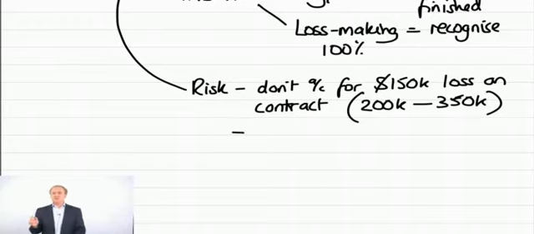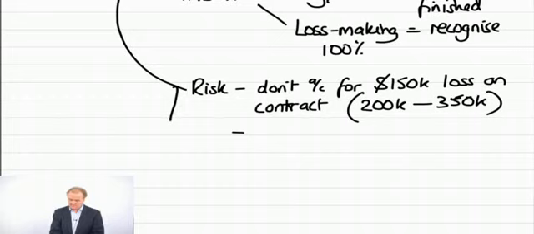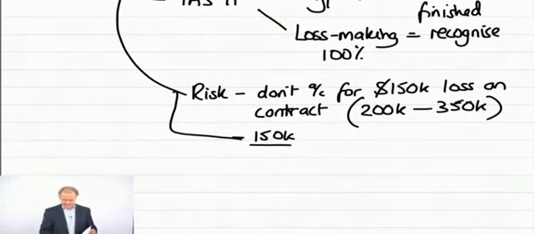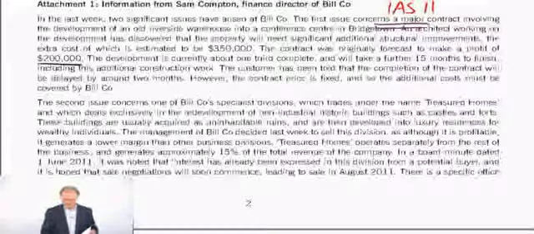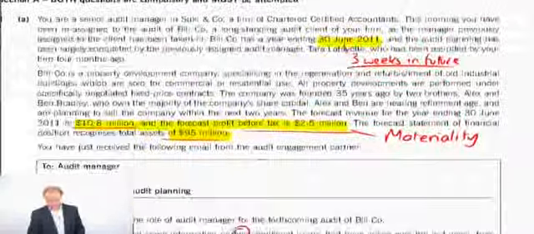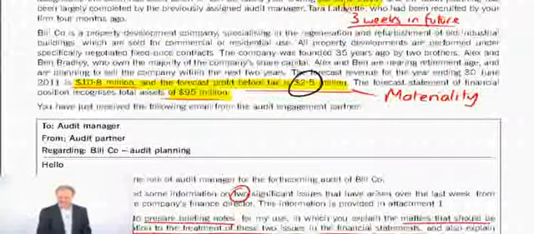Now, I do also want to consider how material this misstatement is, because it's risk of material misstatement. And if you divide 150,000 of loss by their profit figure for the year, what was their profit figure? It's up here, isn't it? Profit before tax, 2.5 million.